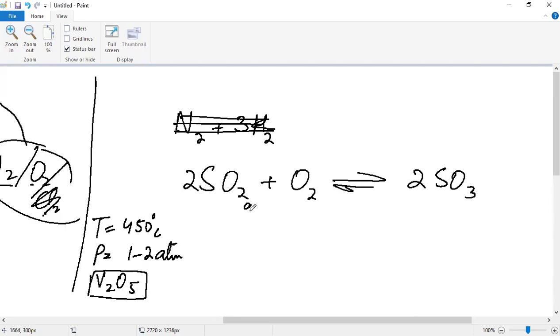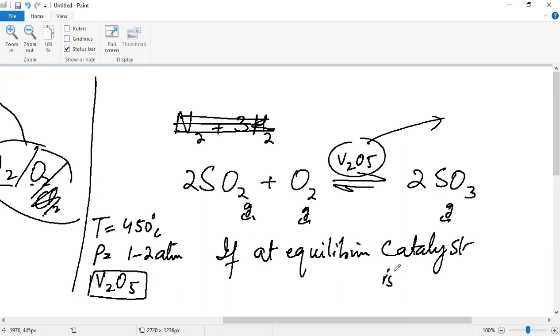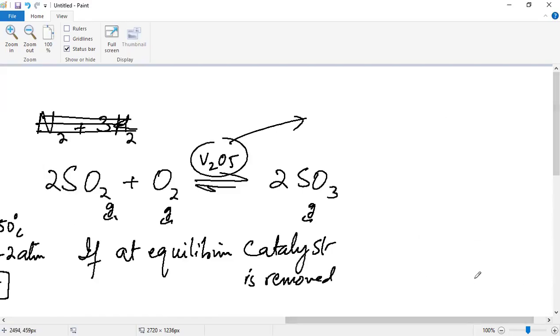Now let's say this reaction is at equilibrium, and I just take out the catalyst from it. If at equilibrium the catalyst is removed, what would happen? No effect on the equilibrium position, because a catalyst increases or decreases the rate of both reactions.